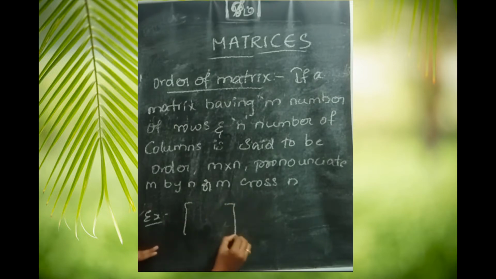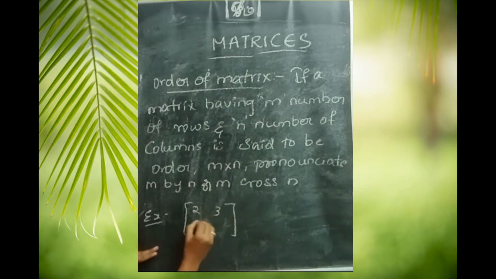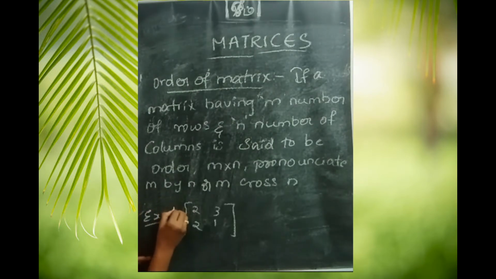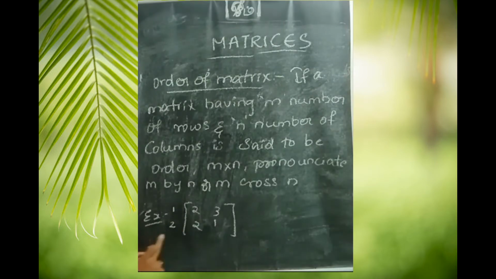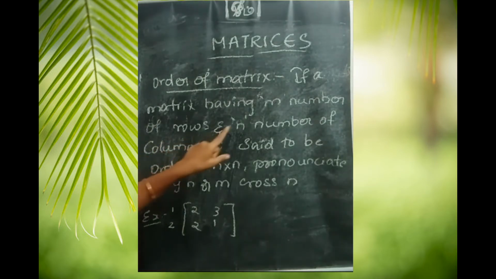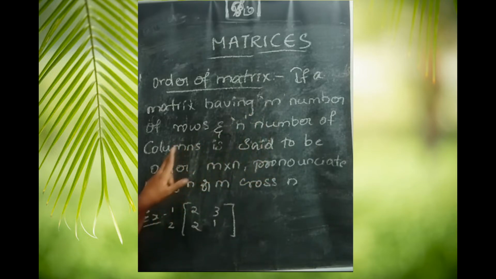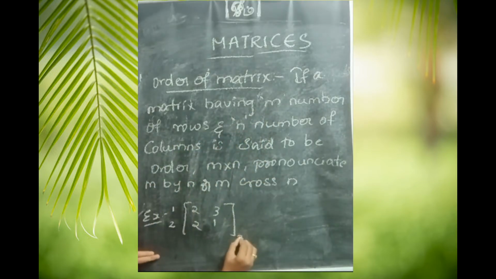This is a matrix. So 2, 3, 2, 1. Okay. See here. How many rows are there? This is the first row and this is the second row. So 2 rows are there. So rows are represented as M and columns are represented as N. So here 2.